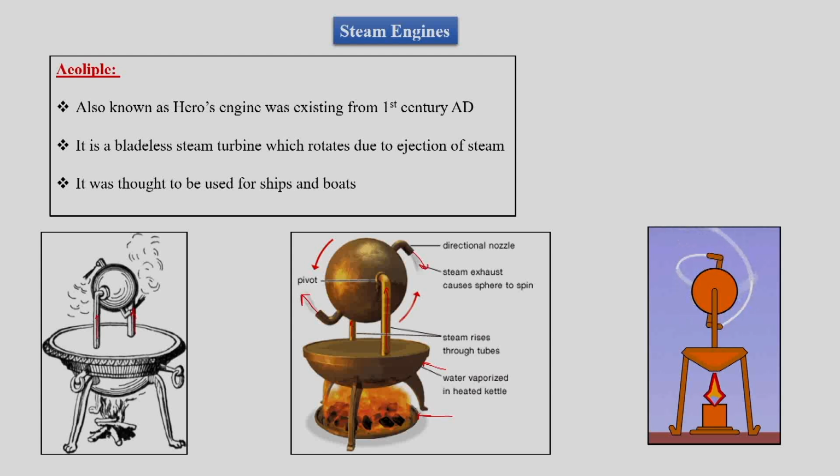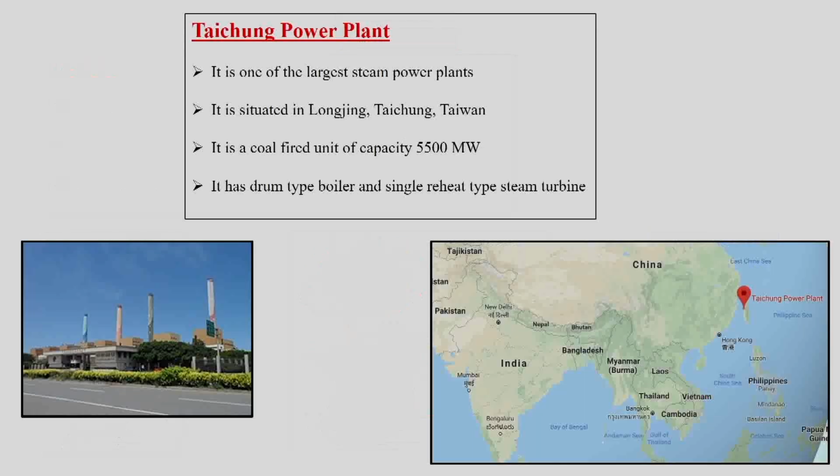So this is the principle of Hero's engine or Aeolipile, and this is the basic idea where it started, that there can be a steam engine for generating initially mechanical energy and then onwards electrical energy. It was made initially so that it can be used for sailing ships or boats.